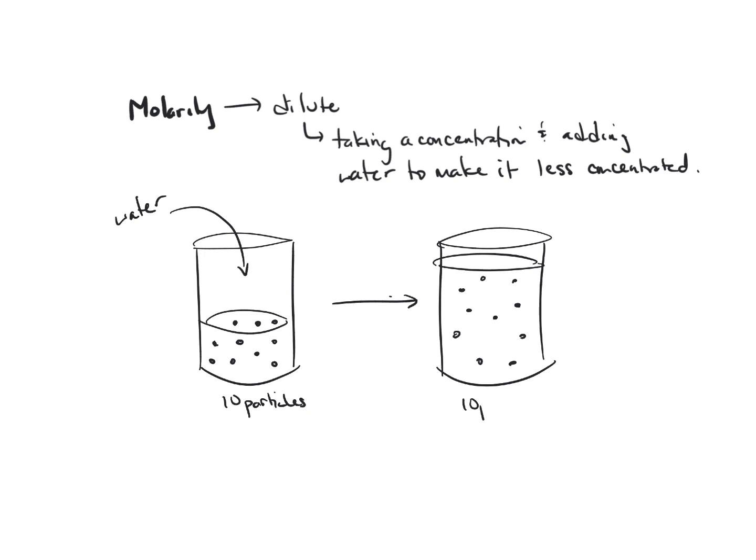The difference is this has a small volume, and this has a large volume. So again, M equals n over V. Our 10 particles remains the same, but our volume is changing, which means our molarity, as I increase that volume, is going to go down.